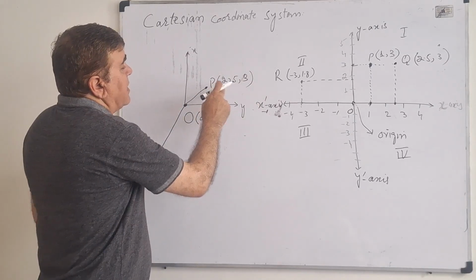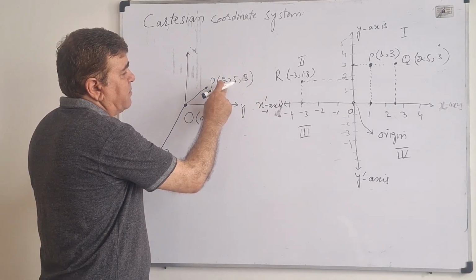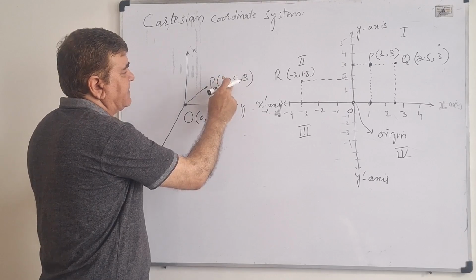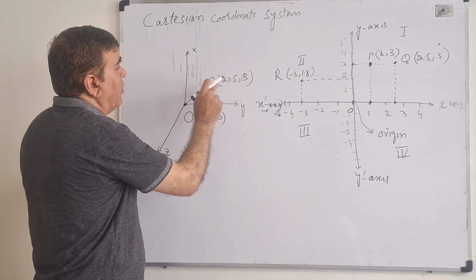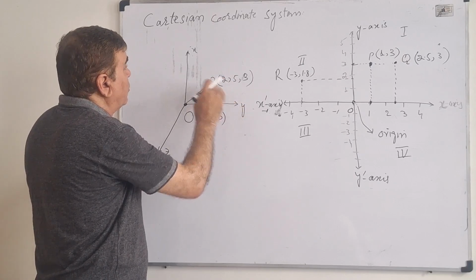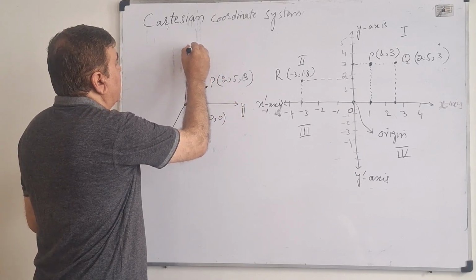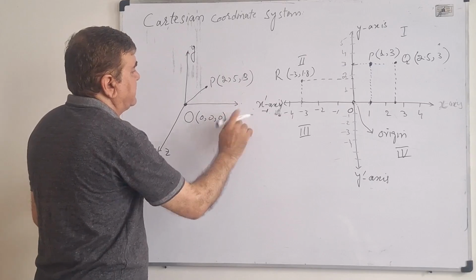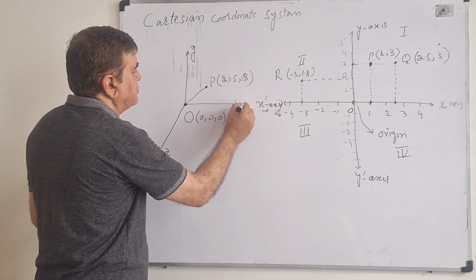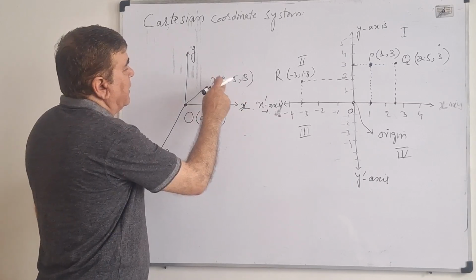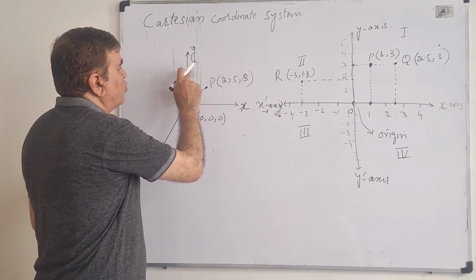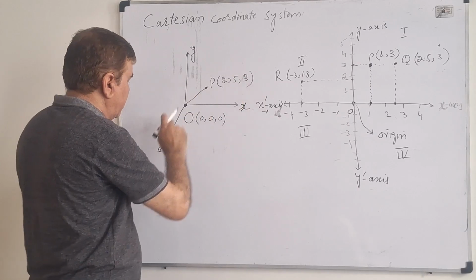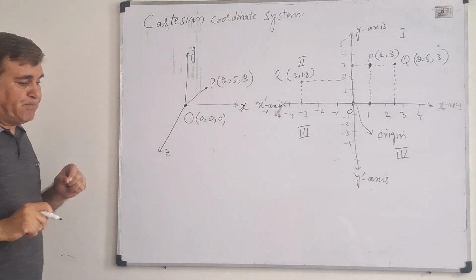The first number corresponds to the value along the x-axis, the second number corresponds to the value along the y-axis. Let me use a right-handed coordinate system. Then this value corresponds to the x-axis, this value to the y-axis, and this number to the z-axis.